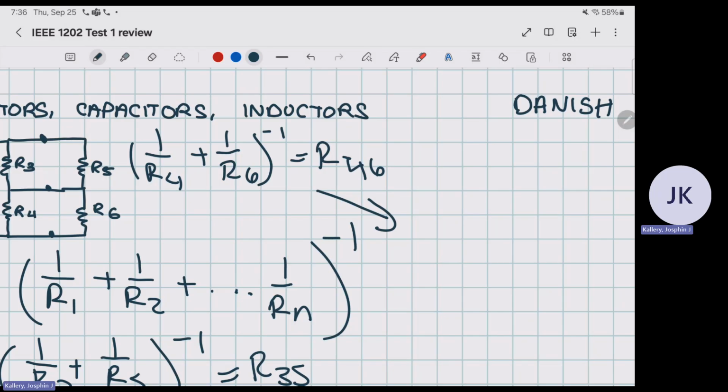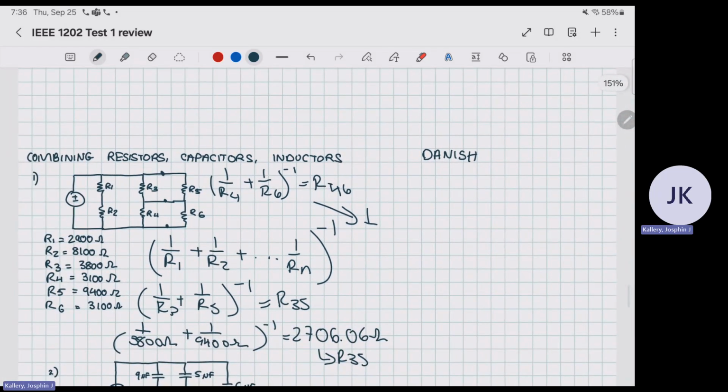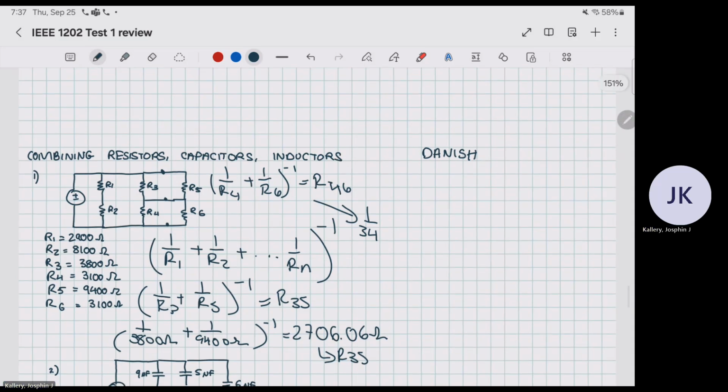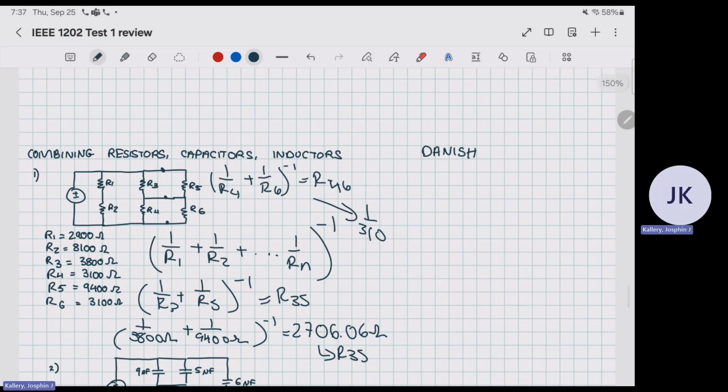So we have 1 over R4, which is, wait, R4 is 3100, sorry. R4 is 3100 plus 1 over R6, which is also 3100.